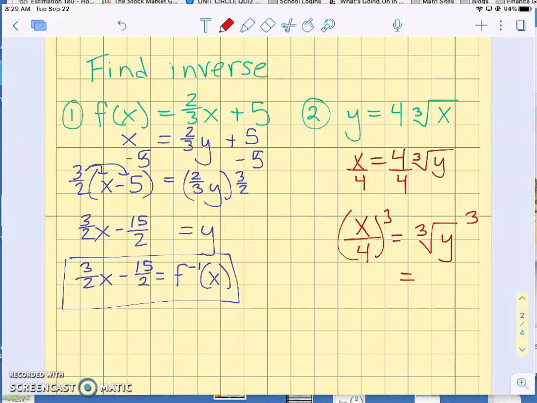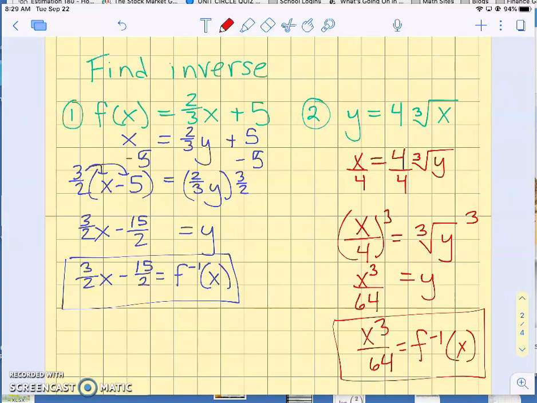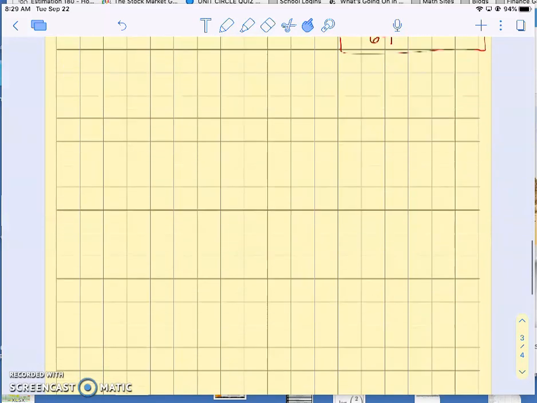So over here now we just have y. And if we distribute that, we'd have x cubed, and then you cube the bottom as well, over 64. And again, the final way you'll want to write it is with that inverse notation. So today is actually just a big review of some of those algebra skills.